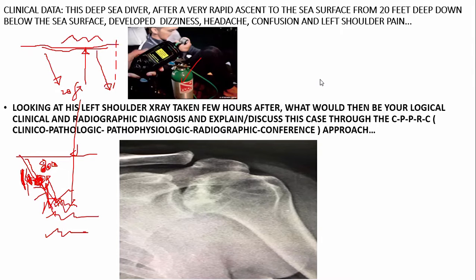That's why you should ascend slowly, so that you can give time for the bubbles of the gas. Because remember, the gas went inside the capillaries, so you were forming bubbles inside. So you should give time for that to go back to the alveoli. That's why you should ascend slowly.